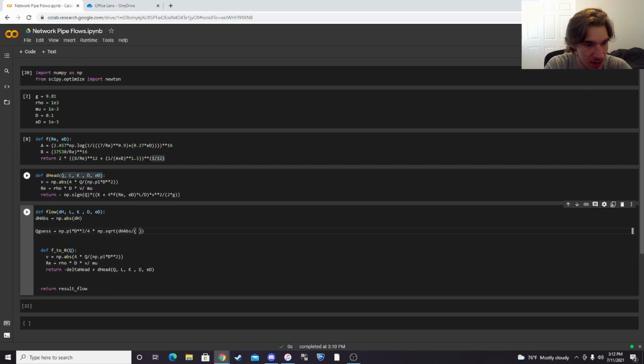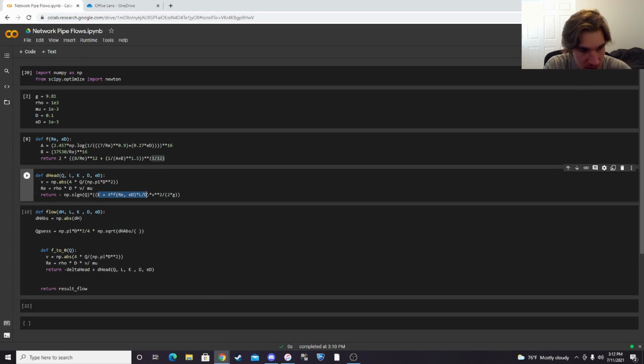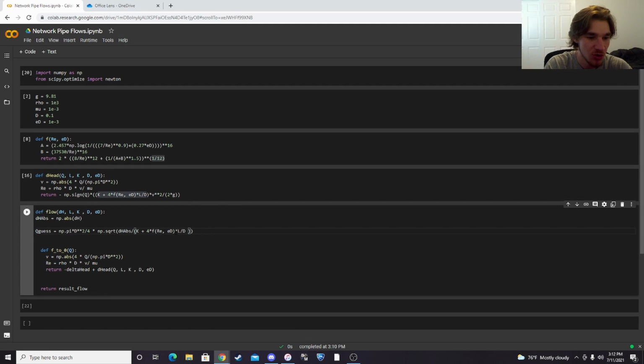So I want to go ahead and copy and paste this right here. Although we're not going to be using our Churchill correlation this time, we're going to actually be putting in our own guess here to see what we get. And 0.01 is right in the middle of the 0.002 and 0.25, like I said earlier, which is where all the friction factors are going to be in between.